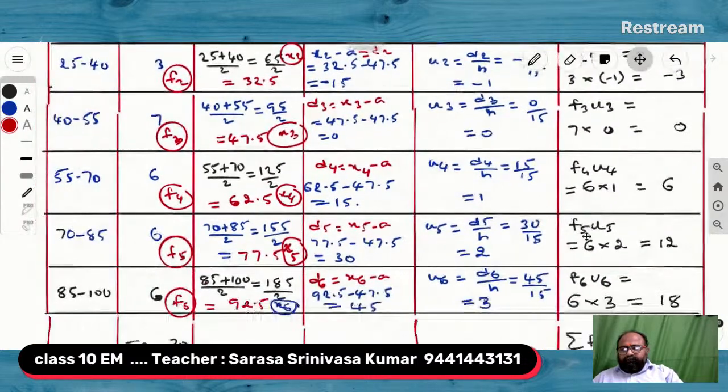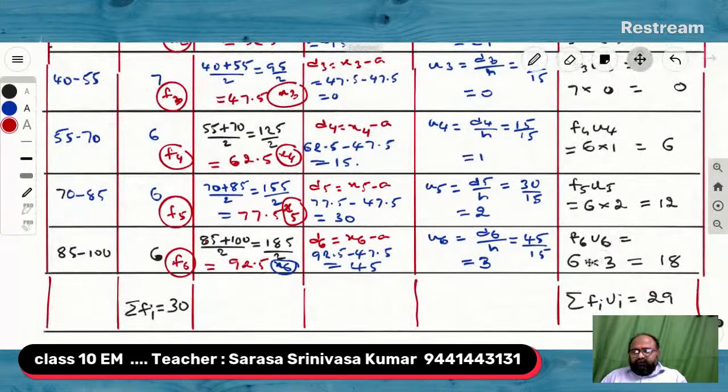Next, f5 u5. f5 is 6, u5 is 2. 6 multiplied by 2, 12. Next, f6 u6. f6 is 6, u6 is 3. 6 multiplied by 3 is 18.